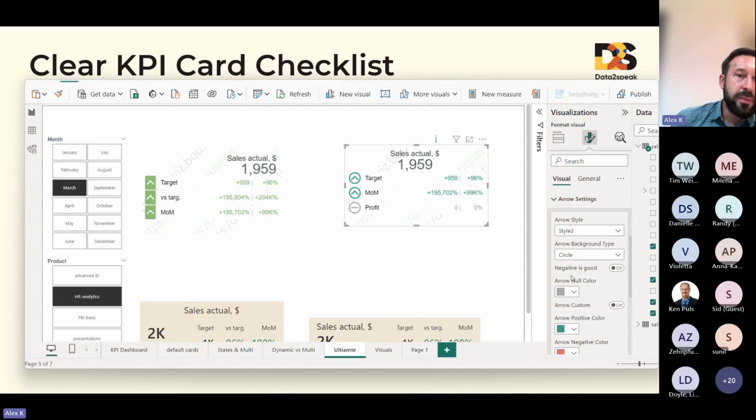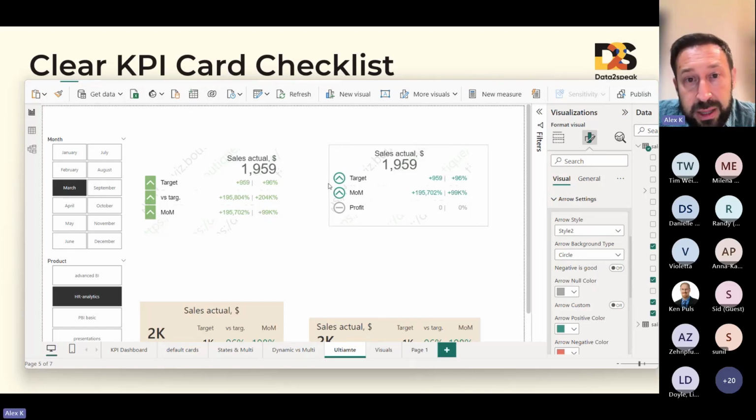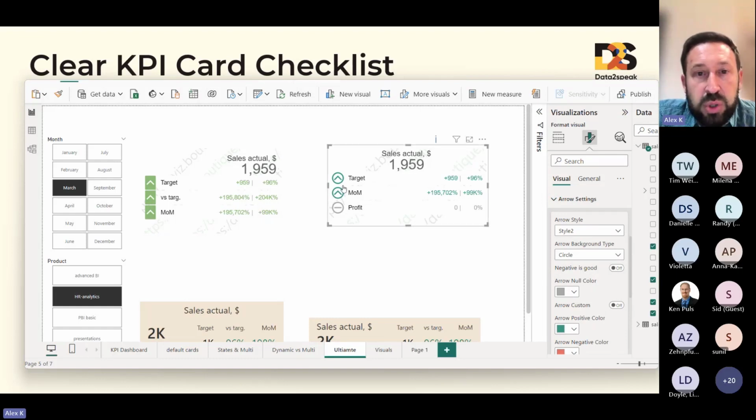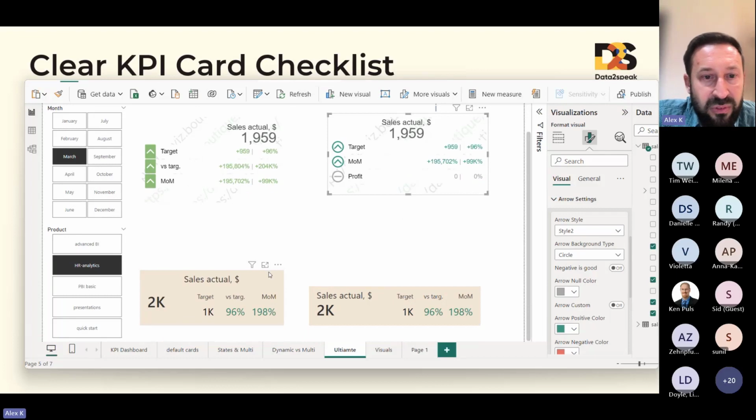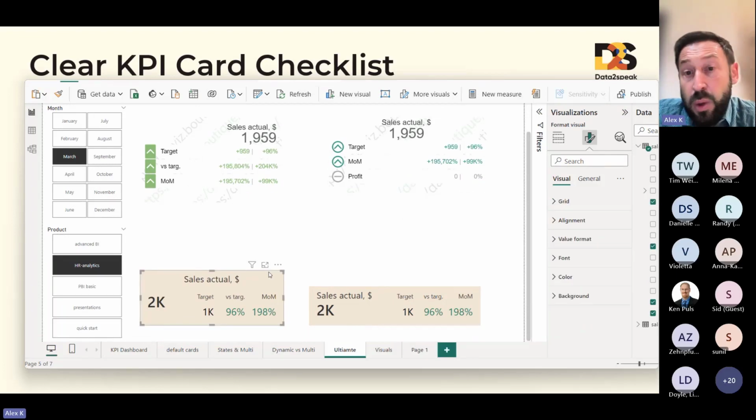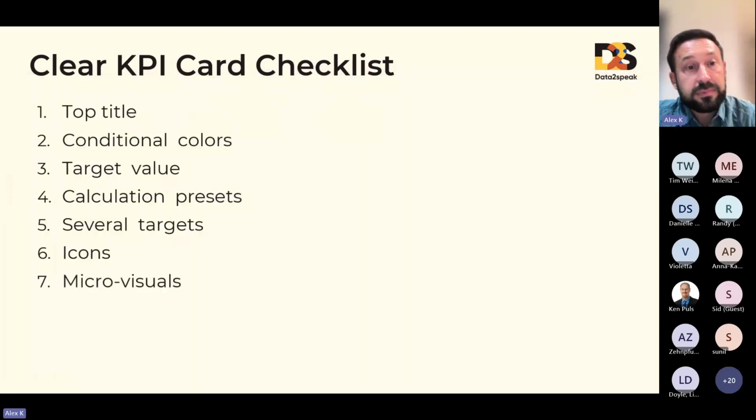So not so many parameters, but some kind of adaptation, and it's a useful element. For example, for our multi-target KPI, we don't have such a function, and it's in our backlog. So that's icons.